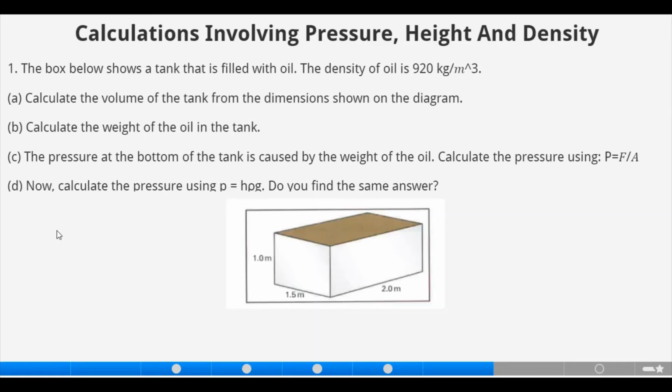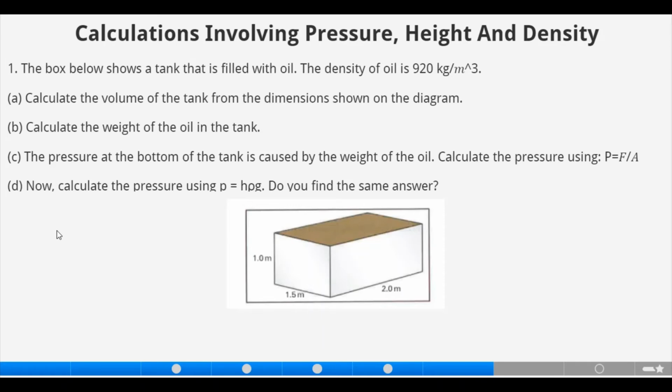Now, calculations involving pressure, height, and density. Look at the box below. It shows a tank that is filled with oil. The density of oil is 920 kilogram per meter cube. A, we have to calculate the volume of the tank from the dimensions shown on the diagram.